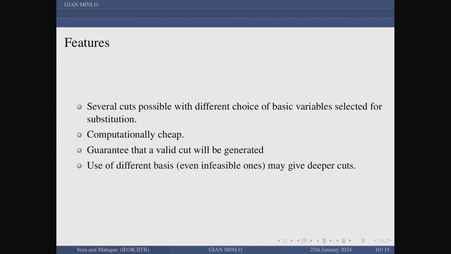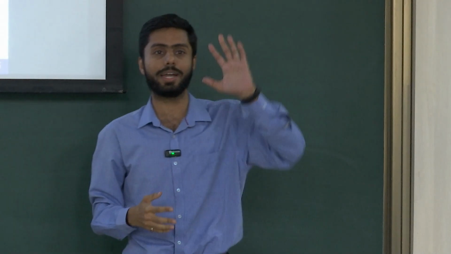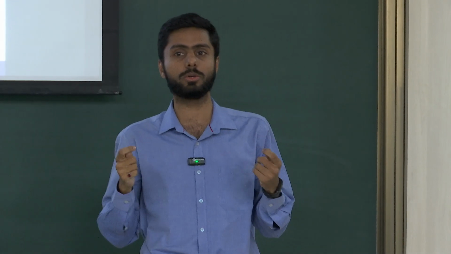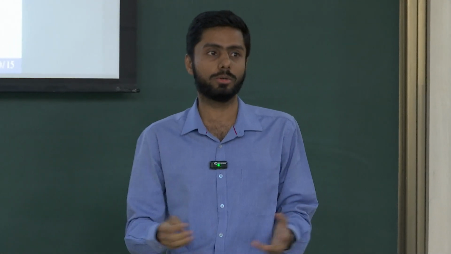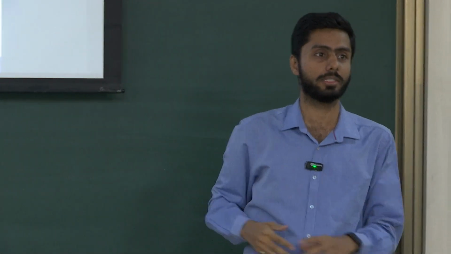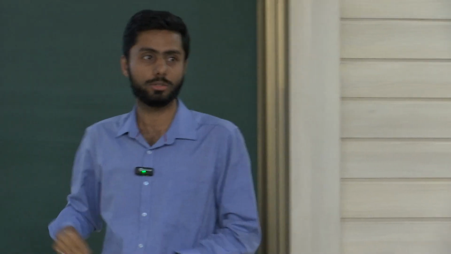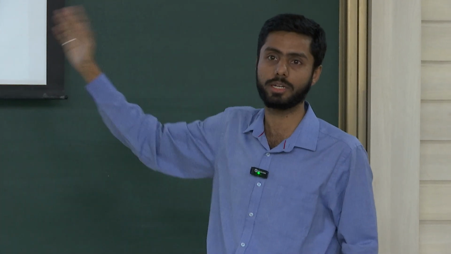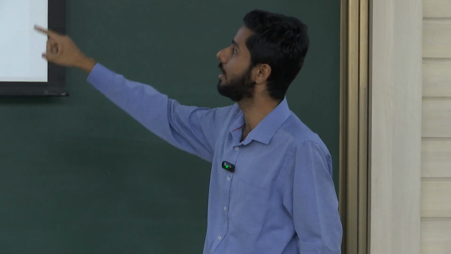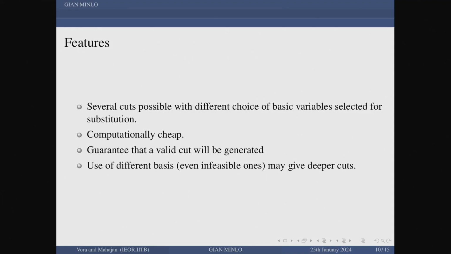Another is that this is very computationally cheap, in the sense that the optimal simplex tableau is readily available to you, and you are just doing some algebra. There is no matrix factorization, and you don't have to solve a cut generating linear program or anything like that. So this is very cheap, and it's a guarantee that you will get a valid cut.